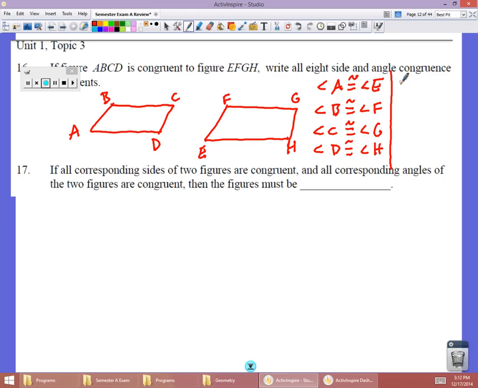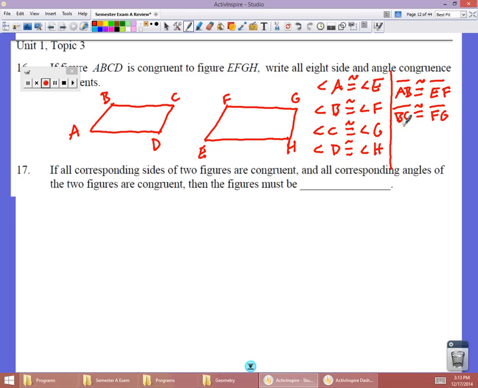Next, we want to write the 4 side congruences. So let's again just start with the first side. We have side AB, so we're going to put side AB is congruent to side EF. Next, we are going to have side BC is congruent to side FG.